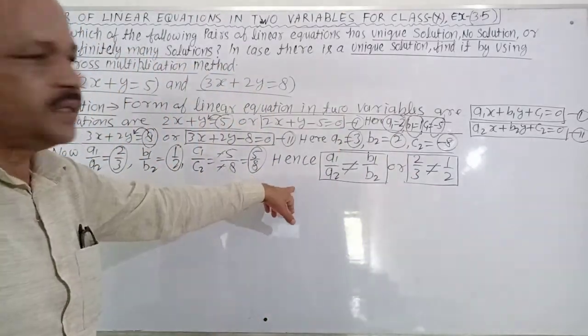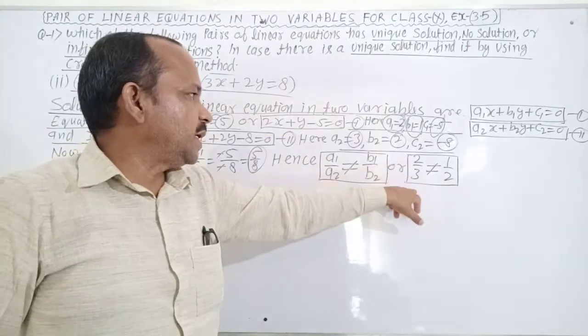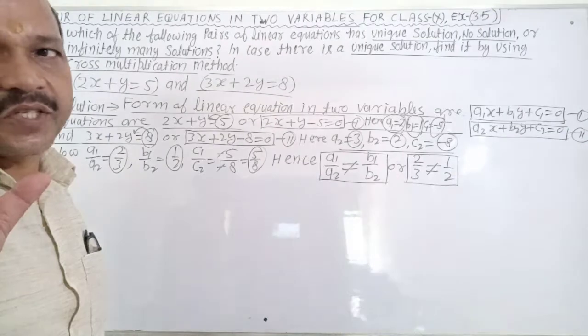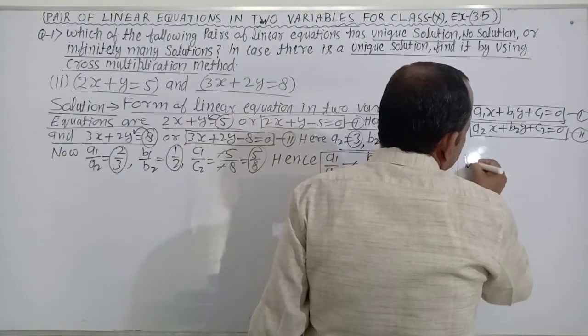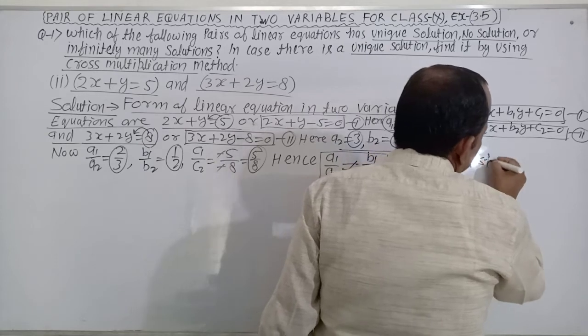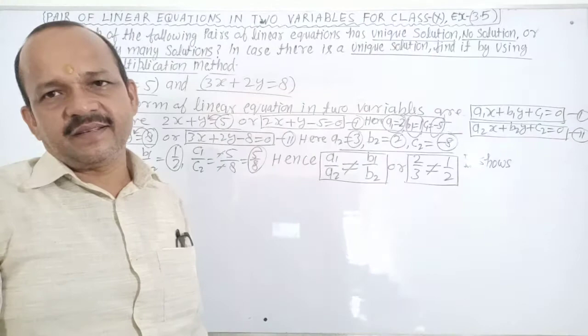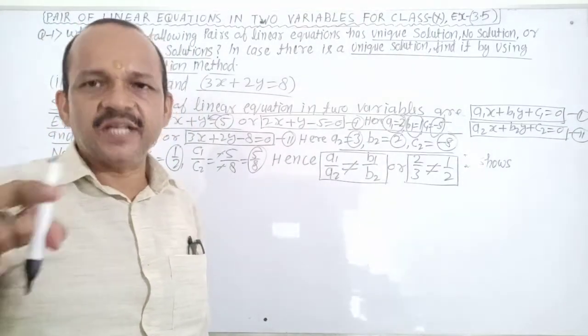It is clear? a1 by a2 not equal to b1 by b2. 2 by 3 not equal to 1 by 2. Here it is clear. It shows intersecting line and unique solution, consistent system.